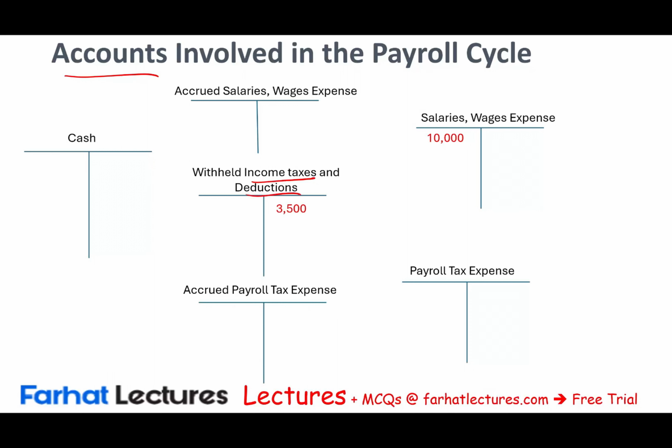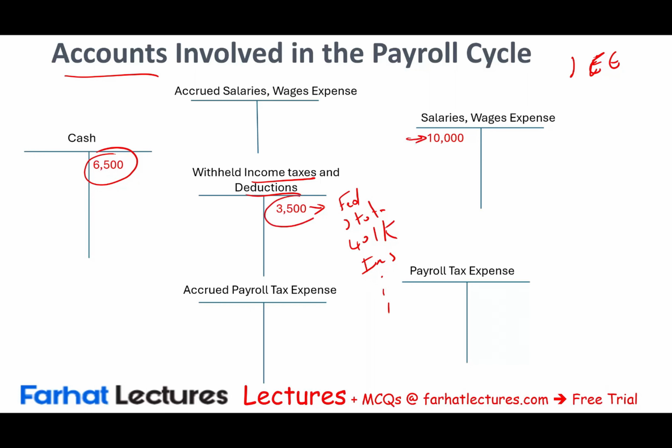So when you pay the employee $10,000, those $3,500 could be for federal taxes, state taxes, 401k, health insurance, other deductions. Those we take out of the paycheck and the employee will get $6,500. Well, you know what? Let's make it simple. Let's assume this is one employee, though it could be many employees. So we pay an employee $10,000. That's the expense.